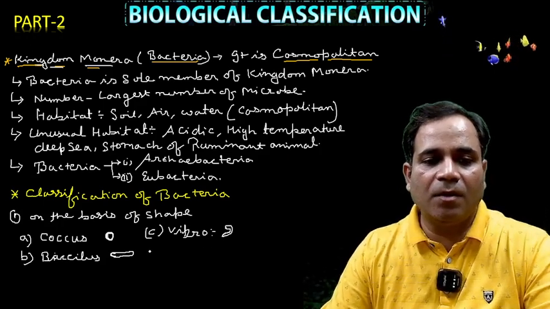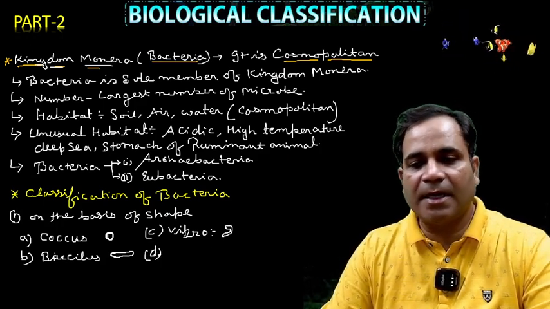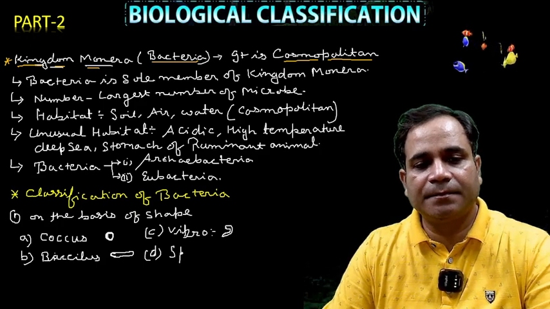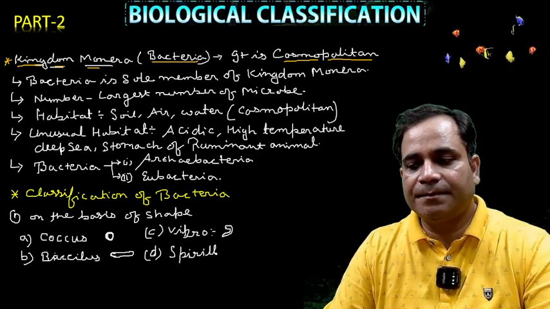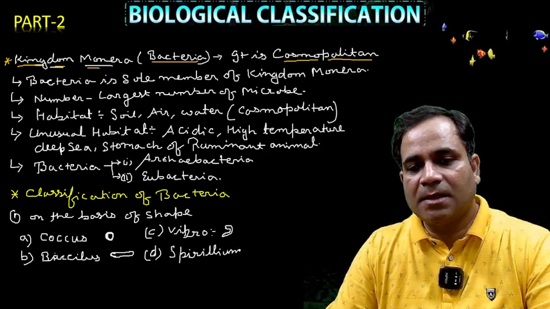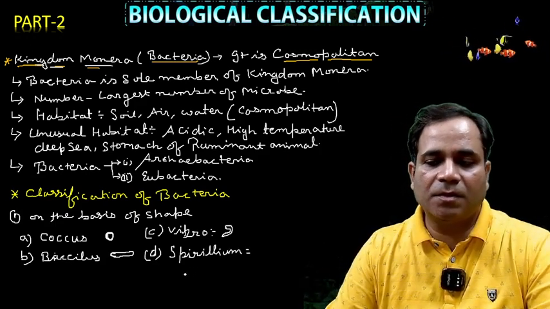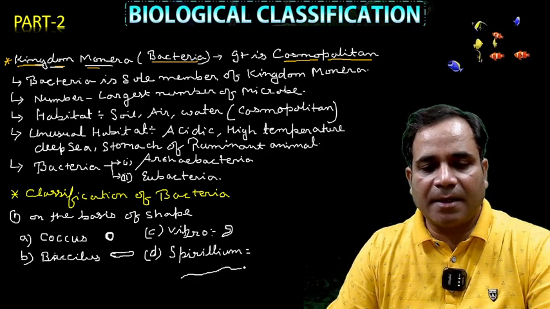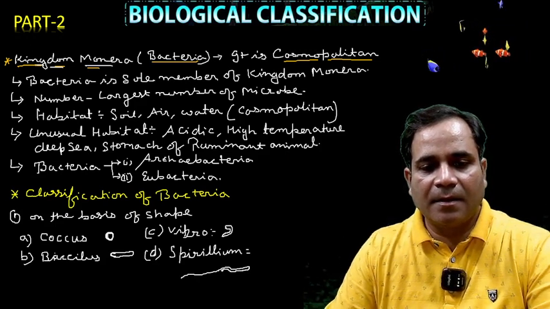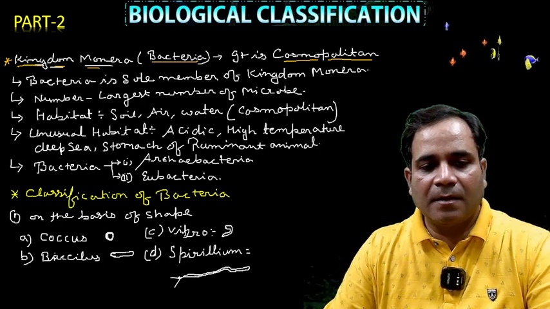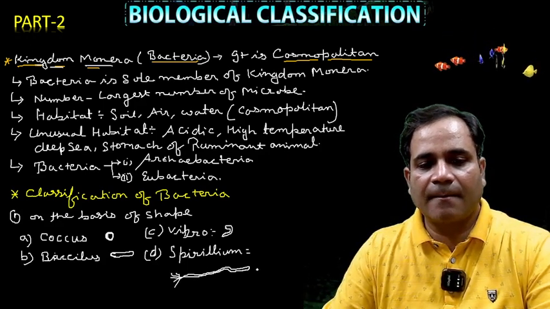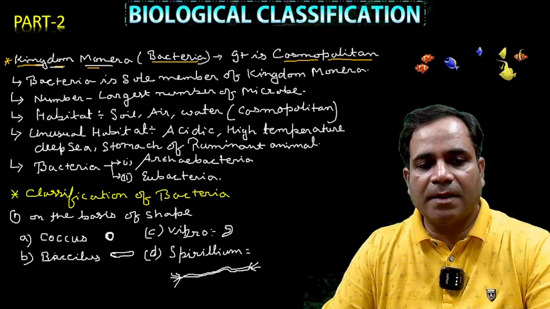Clear? Vibrio. Now next one is spirillum. Spirillum bacteria. So how is the spirillum bacteria? Let's see. This one is a spiral bacteria.